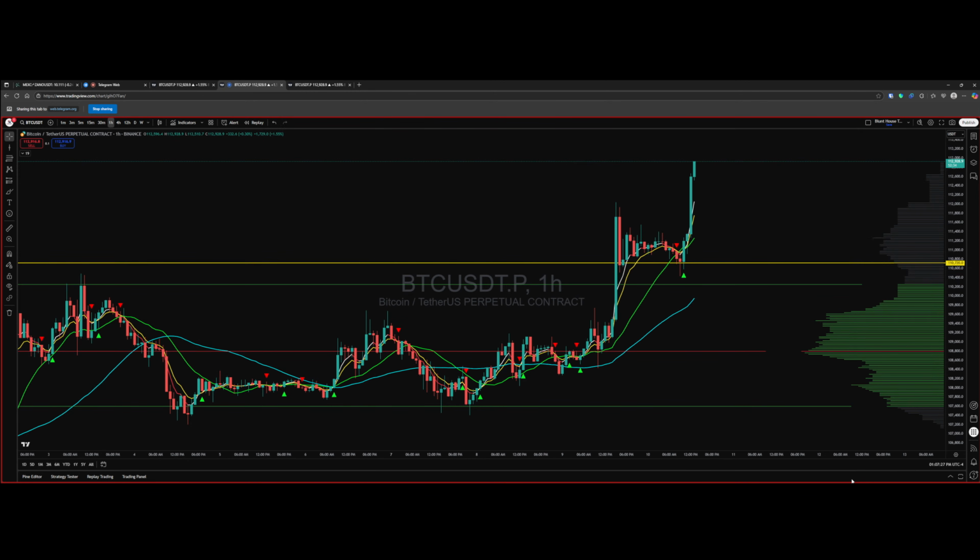I think pattern identification is important, whether you're finding ascending and descending triangles, or head and shoulders, double tops, double bottoms, and inverted head and shoulders. There's a whole plethora of things you're going to be looking for.